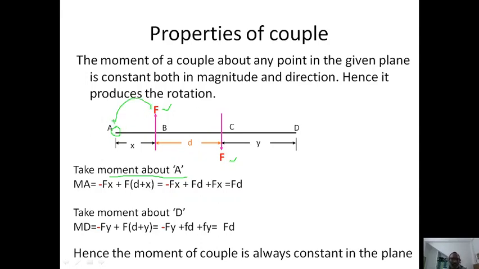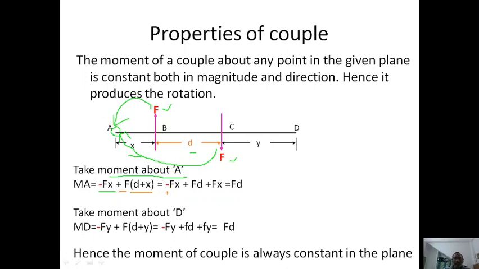Therefore F into x, which is in anti-clockwise direction, hence it is negative. F into x is anti-clockwise direction, right? And the second force, which is at a distance of x plus d, gives the clockwise direction about A. Hence clockwise direction is positive, we are assuming. Therefore, minus F into x plus F into (d plus x), right?